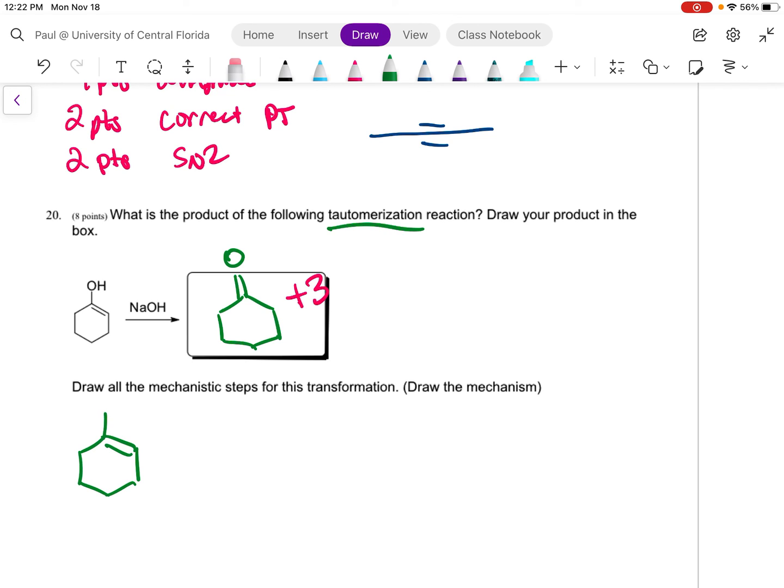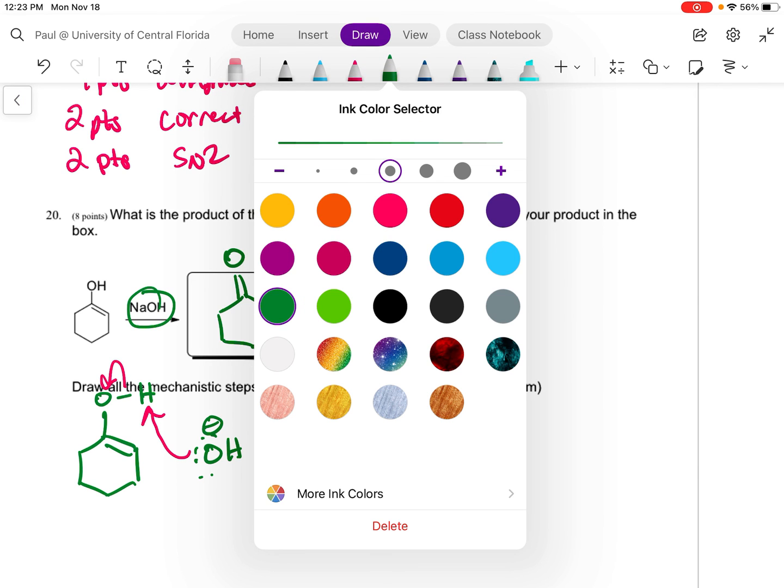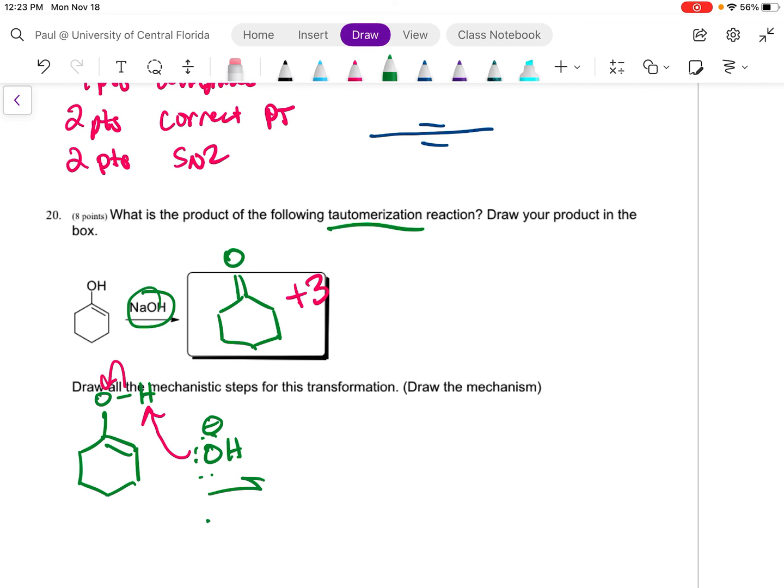And the mechanism would look something like this. We see that we're under basic conditions. So that means we have the hydroxide. And with the hydroxide, we have to find the most acidic proton. So it's that guy. And this is all reversible, right?